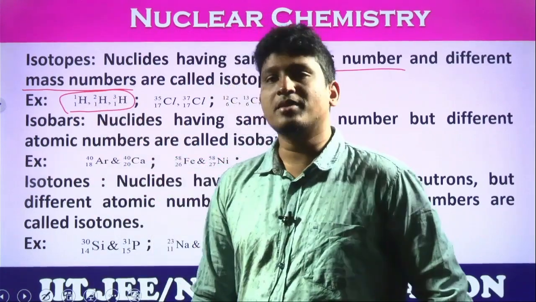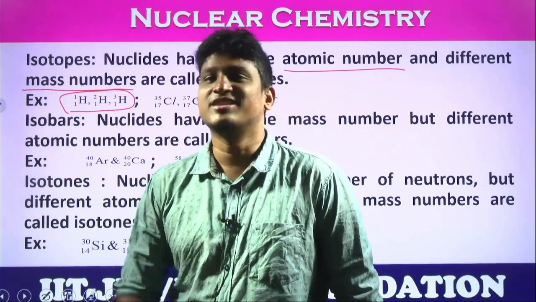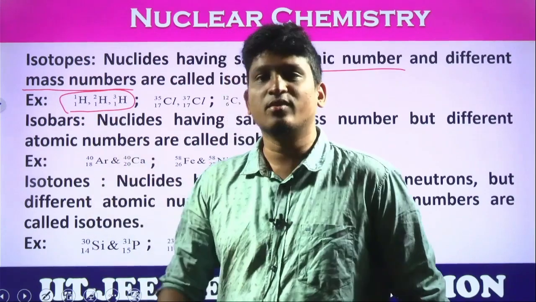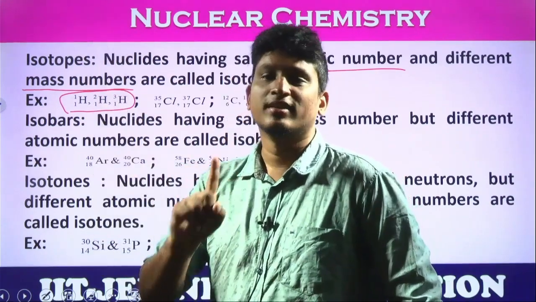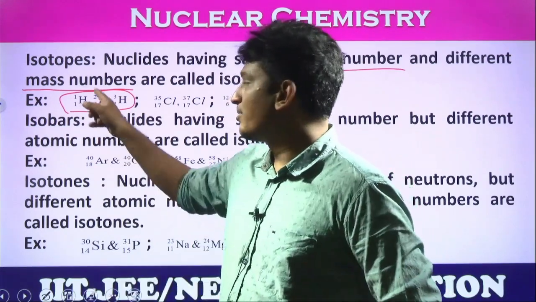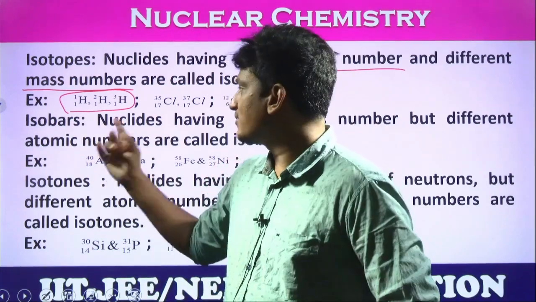In 1H1, how many neutrons are there? Is it 1? No, 0 neutrons. Mass number is protons plus neutrons. One proton is there and no neutrons, so the mass number is 1. In 1H2, how many neutrons? One proton, mass number is 2. 2 minus 1, using the relation from the previous slide, gives 1 neutron.